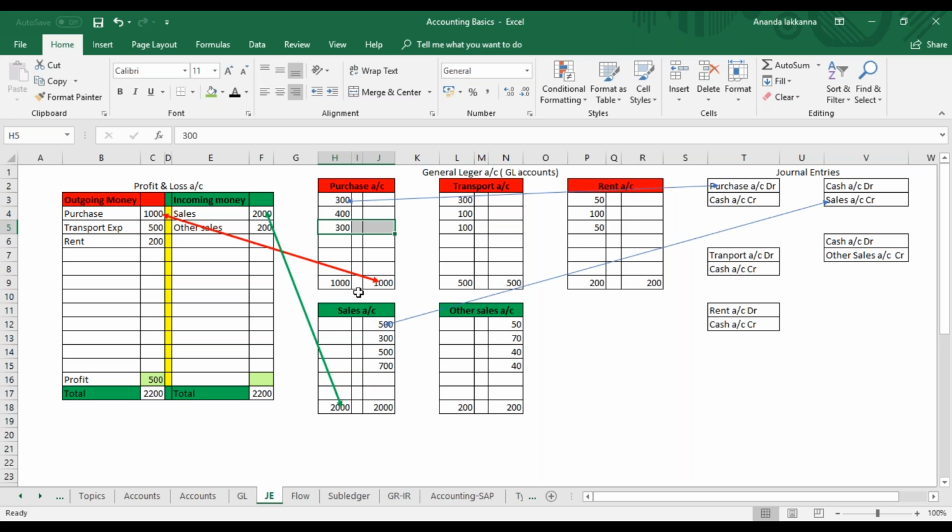Because of that purpose, instead of entering directly into these small accounts, we started recording entries as and when they happened. For example, whenever you do a purchase entry, you do a purchase debit, and obviously cash is credit, meaning cash is going to reduce and purchase is going to increase. So instead of entering this particular 300 here, I first enter it in the journal, then transfer it to the purchase account, and then transfer it to the P&L account.